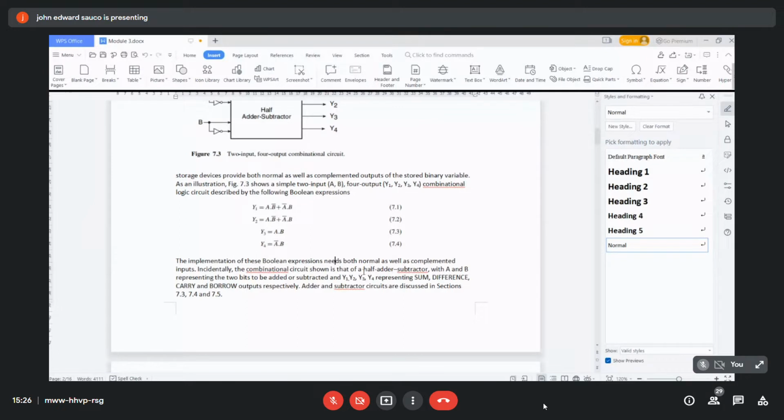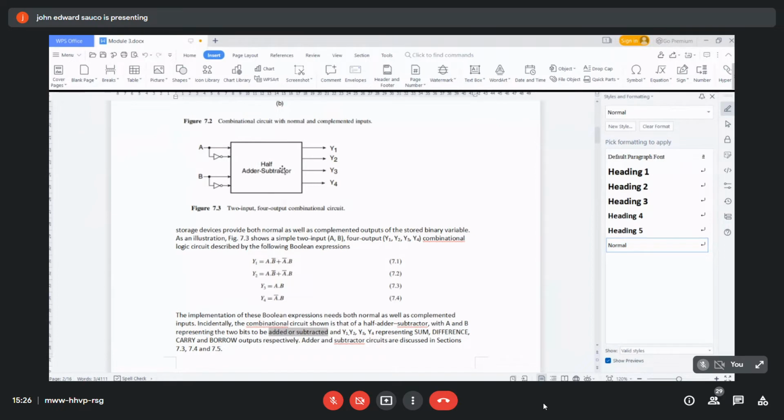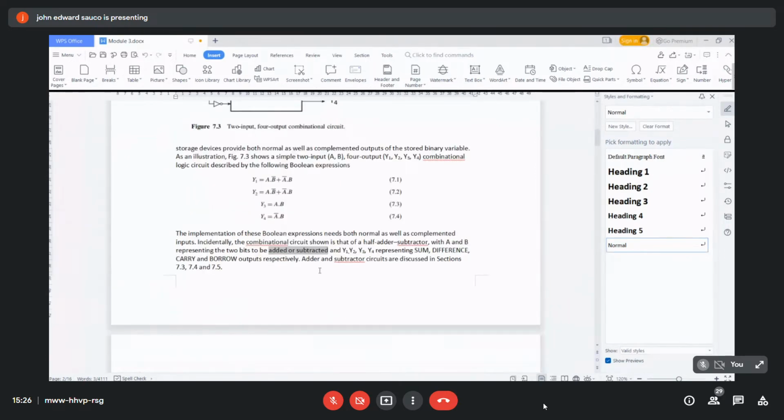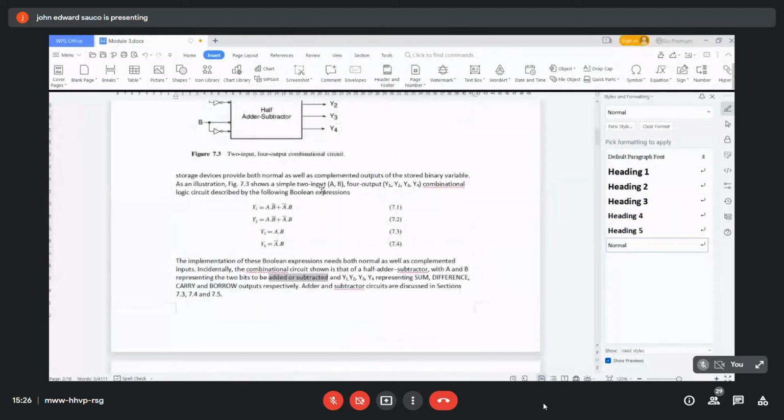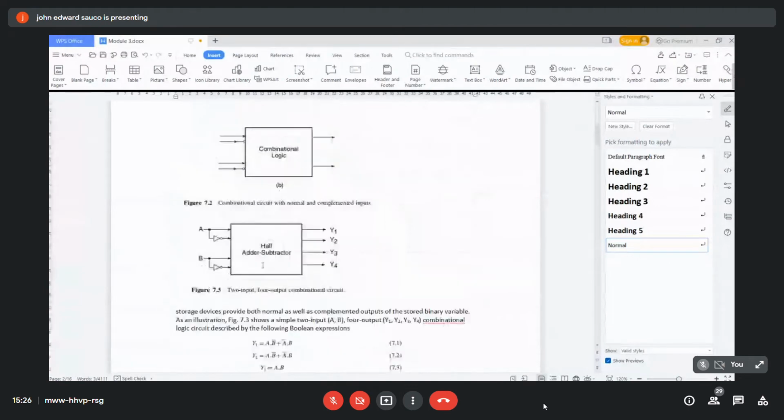So, siya is half adder subtractor. And make A and B representing the 2 bits to be added or subtracted. Kaya siya, adder subtractor, adder subtractor ang ginagawa nito. So, mamaya, iyan na natin yun. So, ito ay introduction muna.